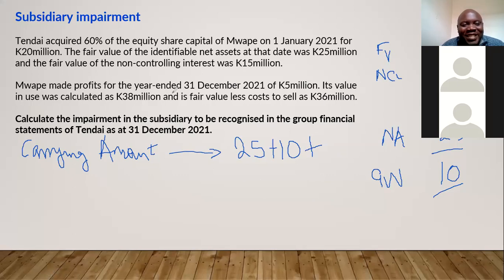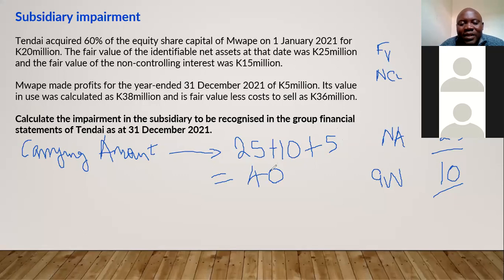Mwape made profits for the year ended 31st December 2021 of 5. So giving us the carrying amount of 40. Do you agree with this? It's net assets plus goodwill plus profit of 5 million.